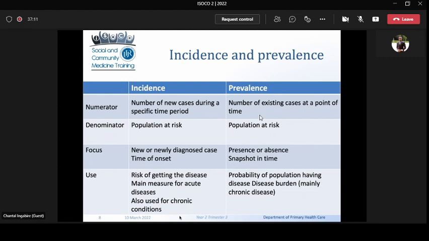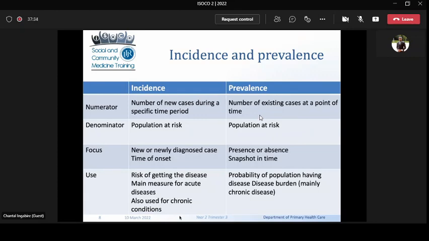For the focus, when we talk about the incidence, we are only focusing on new or newly diagnosed cases, for the time of onset. While for the prevalence, we are looking at the presence or even the absence within a specific time.